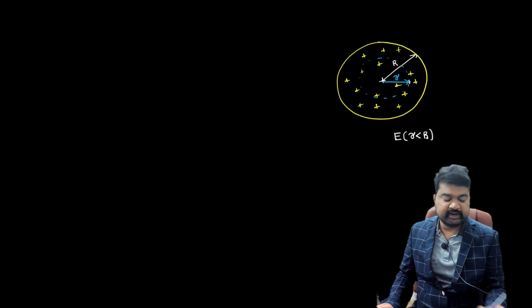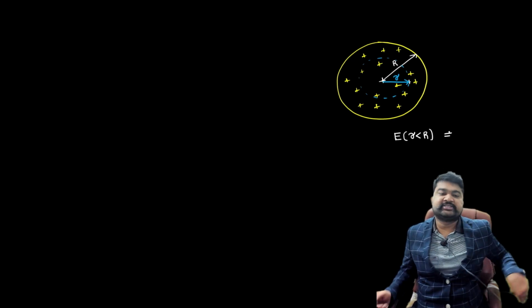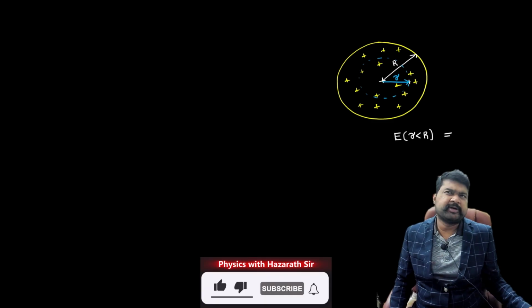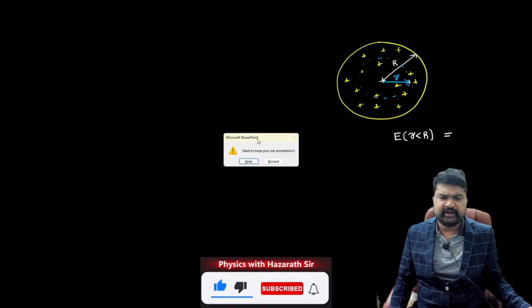How much will you get, tell me. What is V of r less than R? 1/4πε0 QR squared you will get.